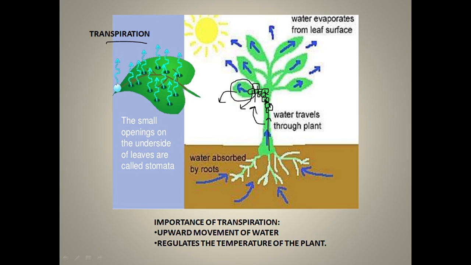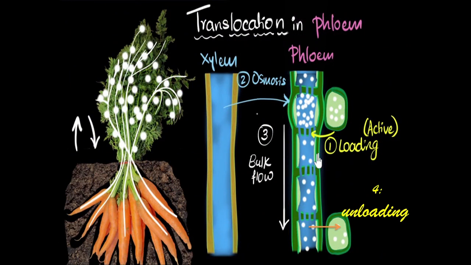Okay. So translocation and phloem. Translocation is the transportation of food particles. The food is synthesized through the process of photosynthesis, but photosynthesis is not happening in every part; it is happening only in the green parts of the plant.